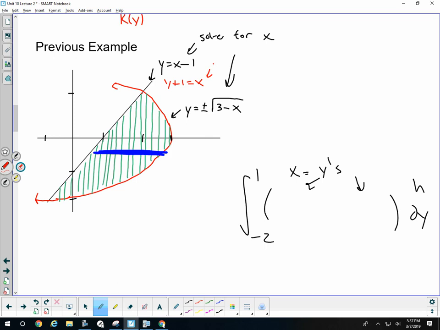This is my left distance. And here, I'm going to square both sides. Y squared equals 3 minus x. Add x, subtract y squared, x is equal to 3 minus y squared. And this is my x distance to the right. Right minus left.